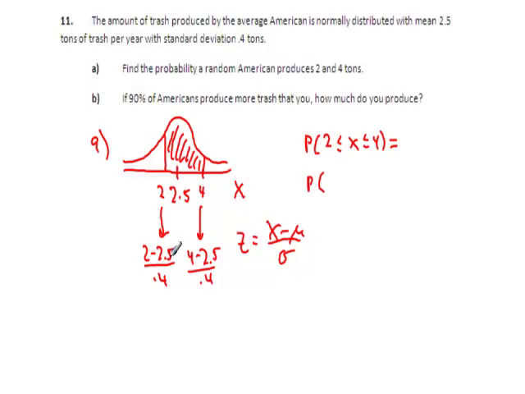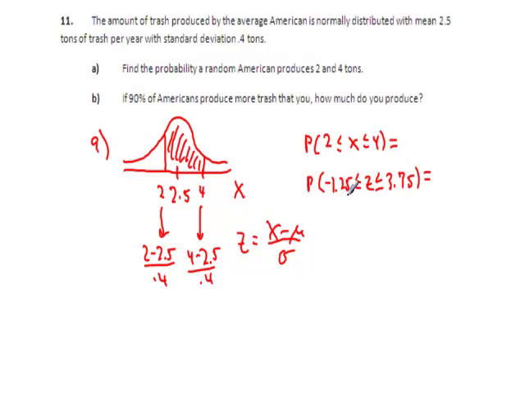Parentheses 2 minus 2.5 divided by 0.4 gives us negative 1.25 less than or equal to z less than or equal to 4 minus 2.5 over 0.4. And that turns out to be 3.75.